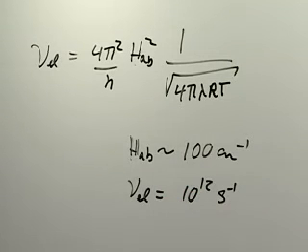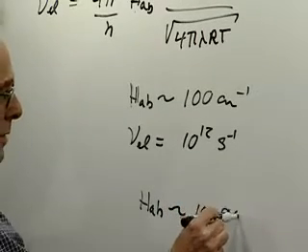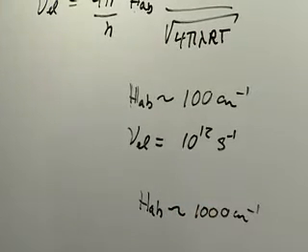Okay? And if HAB goes down much lower, you get a much lower frequency. On the other hand, what happens when HAB gets much bigger? What happens when HAB becomes of the order of 1,000 centimeters minus 1? What happens is now the probability has gone up to 1, and you can always cross the curve.